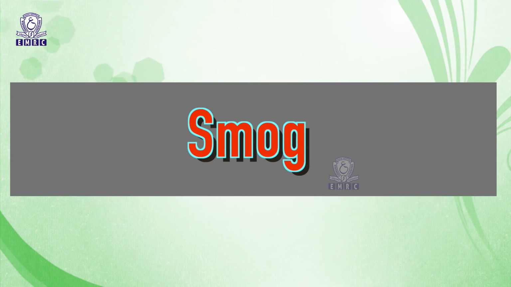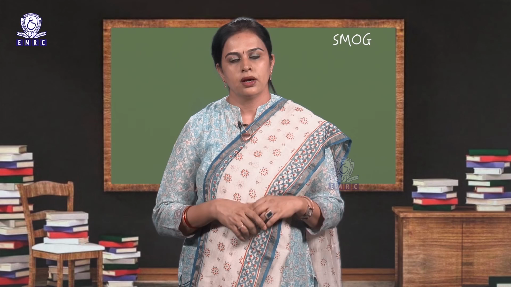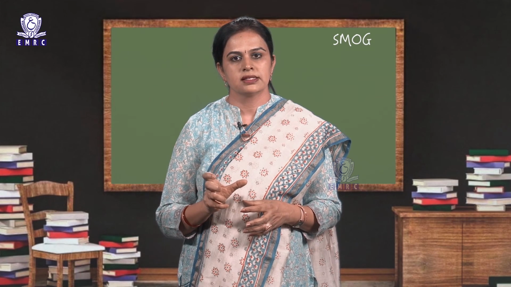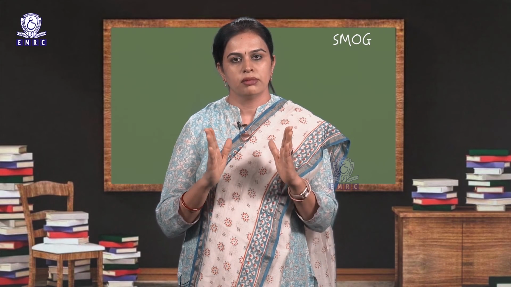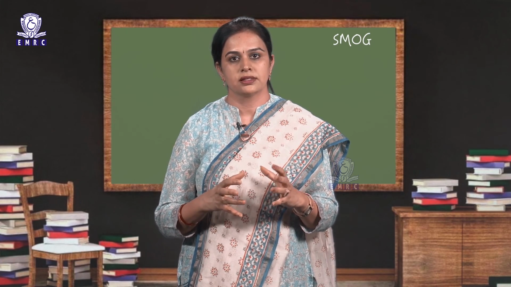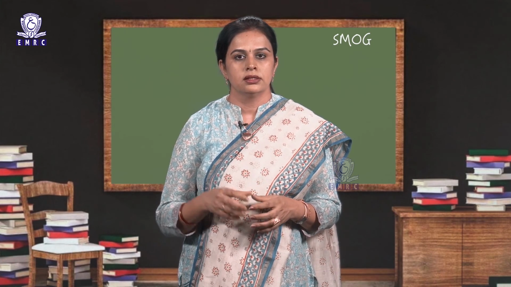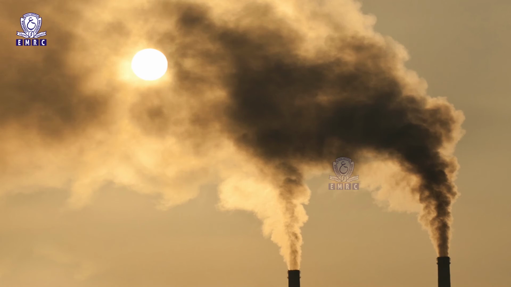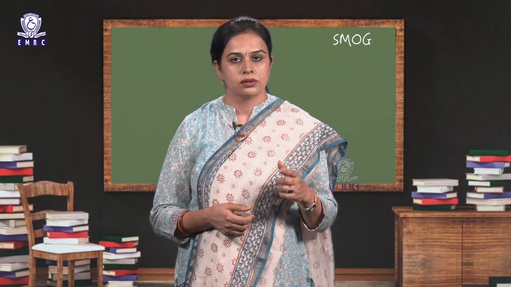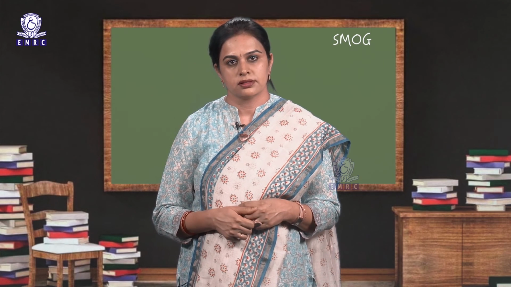Now, after understanding mist, you may be thinking, then what is smog? Smog, you can say, is a mixture of smoke and fog. We also refer to it as a smoky fog. This is caused by burning of large amounts of coal, vehicular emission and industrial fumes. These are also known as primary pollutants.